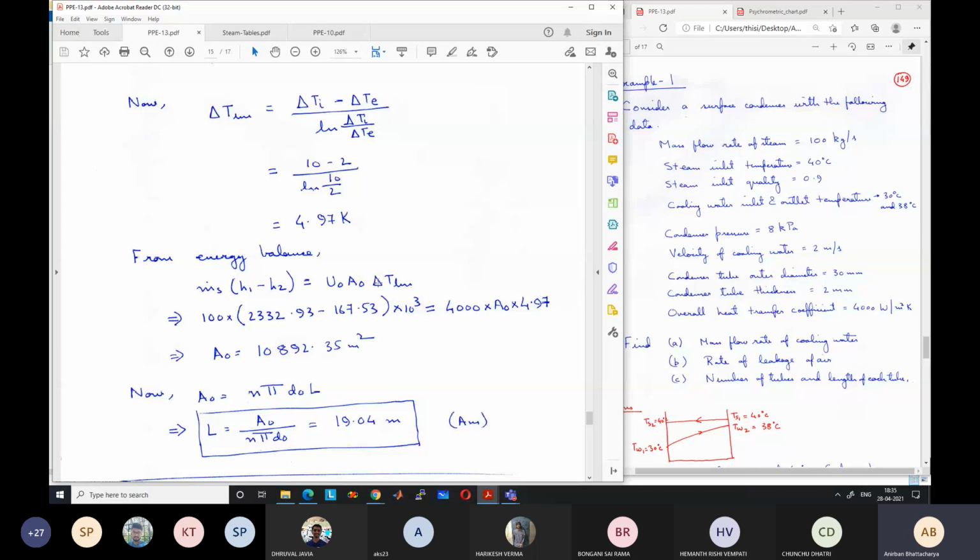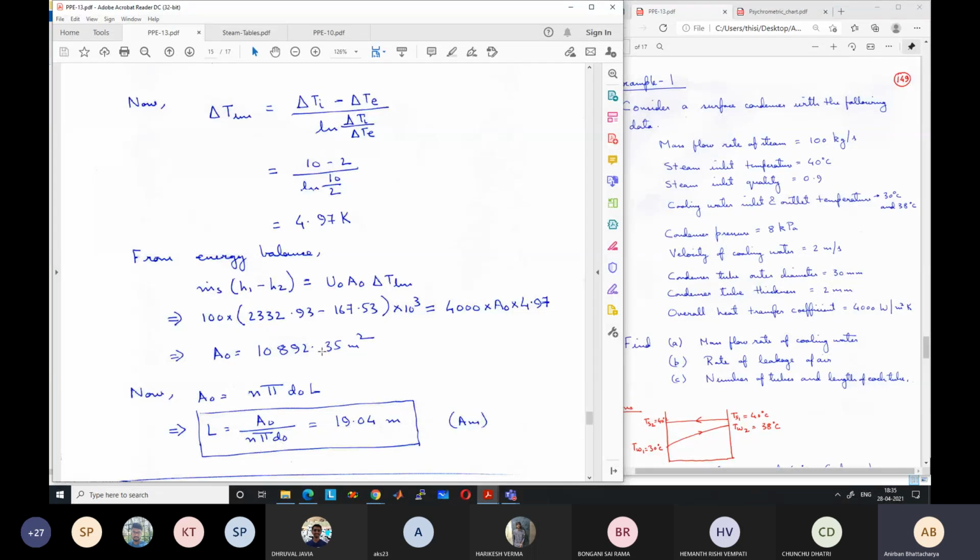All the values are known except A0. If you put in the values, you will get the surface area for heat transfer as 10,892.35 square meters. Again, you can see that the surface area is very large, 10,000 square meters.